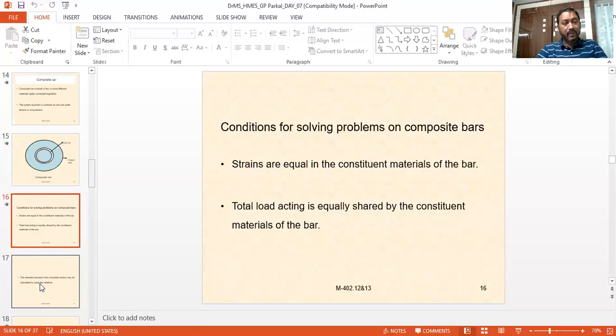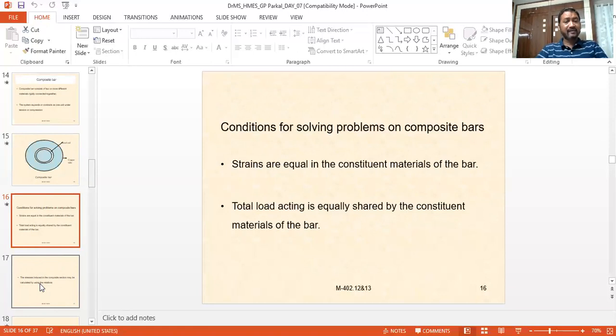The whole bar will act like a single unit, and it will expand or contract like a single unit when it is subjected to the load.